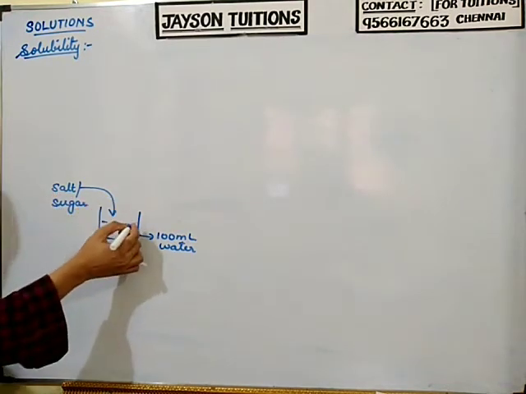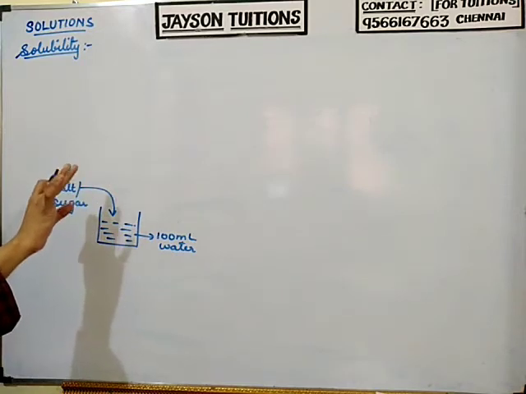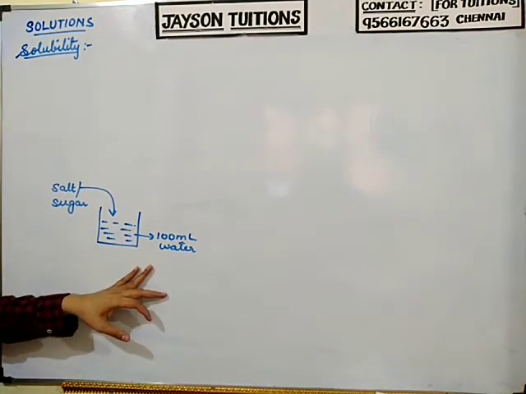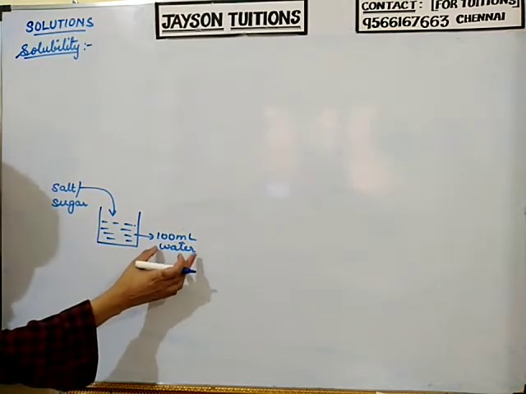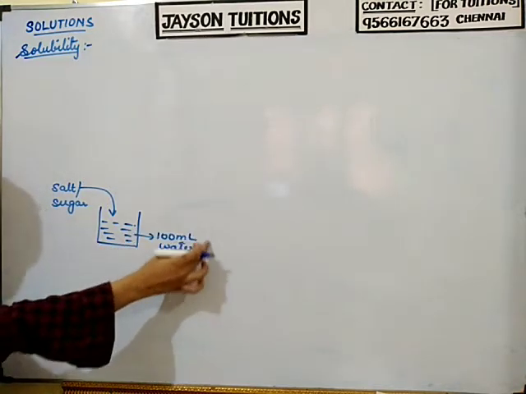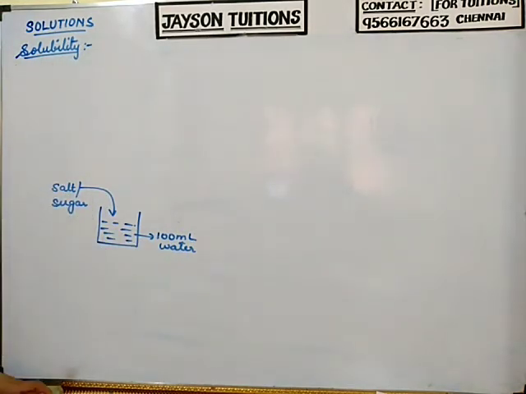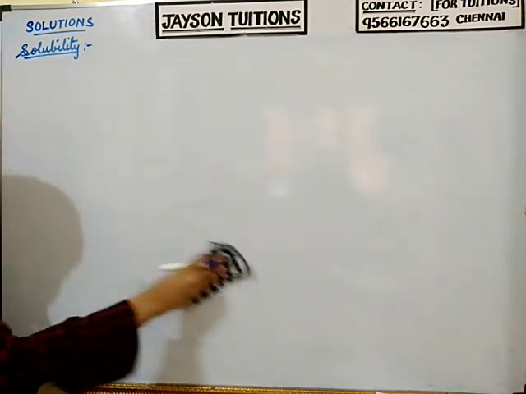If I add 1 spoon, it will become soluble. If I add 2 spoons, it will become soluble. So at one point of time, what will happen? When I add more, it will not dissolve. So how much maximum amount can this water dissolve? That maximum amount of solute which can be dissolved is called solubility.